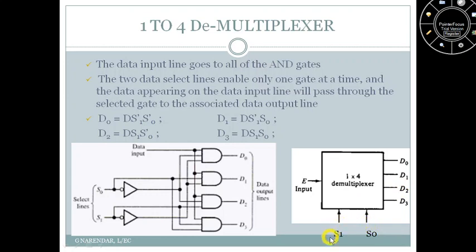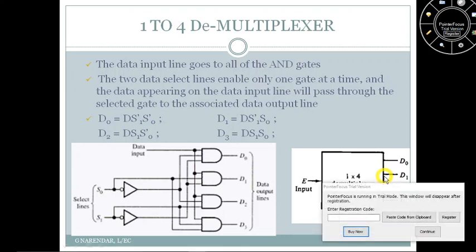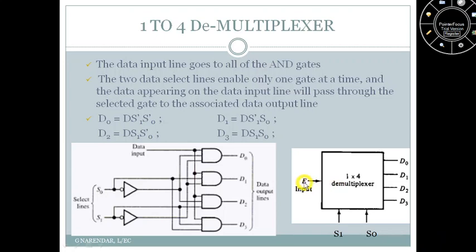So depending on the combination of bits for the selection inputs, one of the output lines is selected, and the digital information present on the input line will be transmitted to the selected output line.